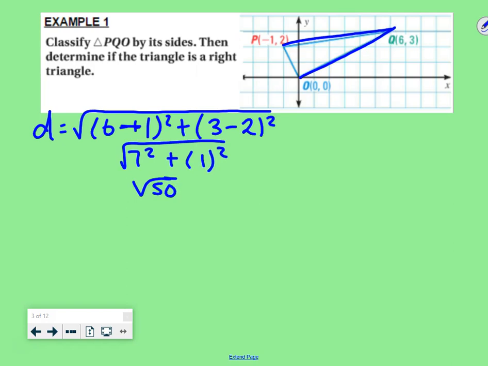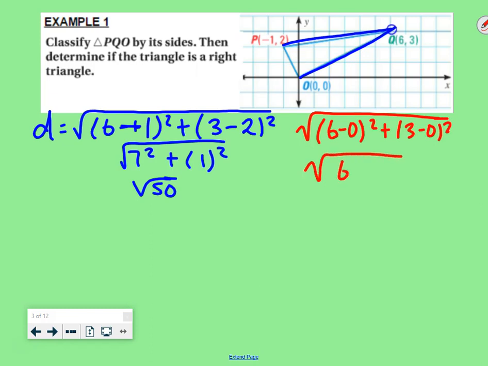And then we find the distance between Q and O. We'd have the square root of 6 minus 0 squared plus 3 minus 0 squared. 6 minus 0 is 6, so 6 squared, and then 3 minus 0 is 3 squared. 36 plus 9 is 45. So they're not the same length, which means this is a scalene triangle. All three side lengths are different.